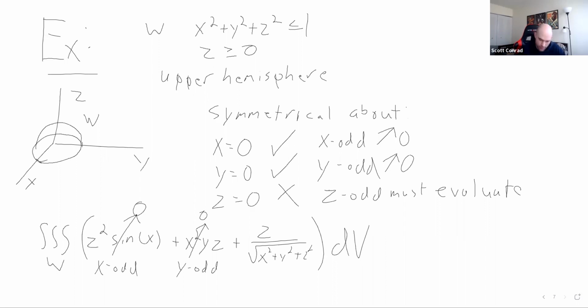We have to actually evaluate it. So we've simplified our integral to the integral of z over x squared plus y squared plus z squared, and that, of course, we'd convert to spherical, and we've already talked about that.